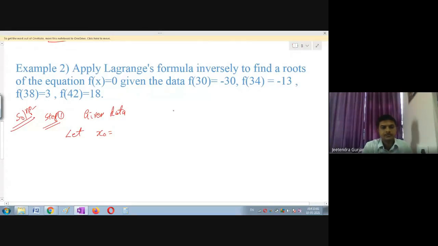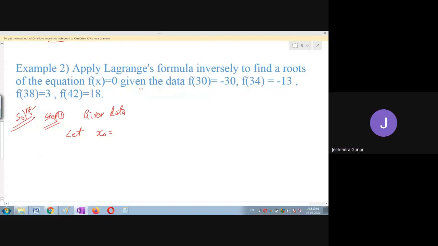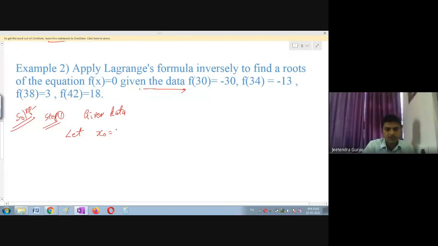So please note down. Root of this equation they have given, but the given data will start from here. Again, don't get confused. So therefore x naught is, this is x naught. This is x1, this is x2, and this is x3. So this is y naught, y1, y2, and y3.